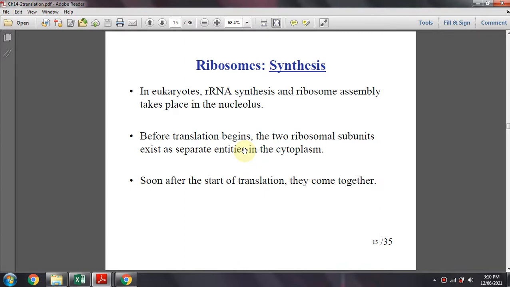In eukaryotes, rRNA synthesis and ribosome assembly take place in the nucleolus, because the nucleolus is the site where rRNAs are synthesized. Before translation begins, the two ribosomal subunits exist as separate entities. Soon after translation starts, they come together and form the whole ribosome.